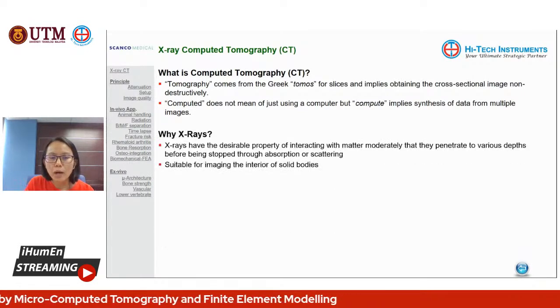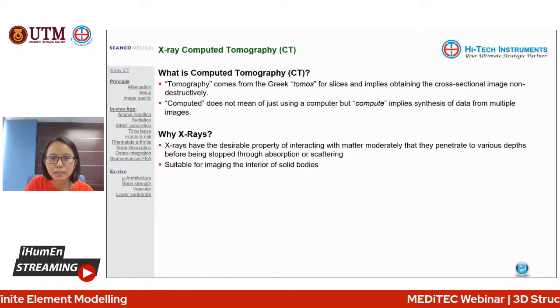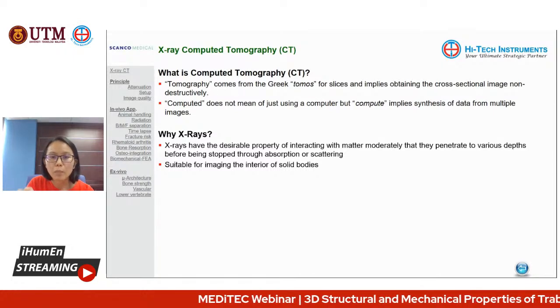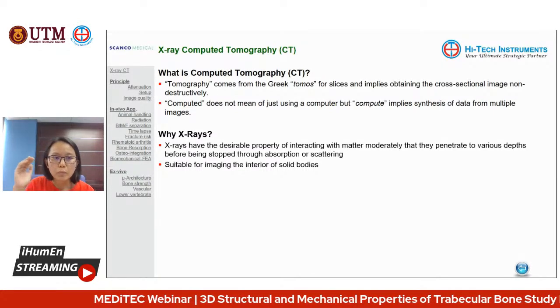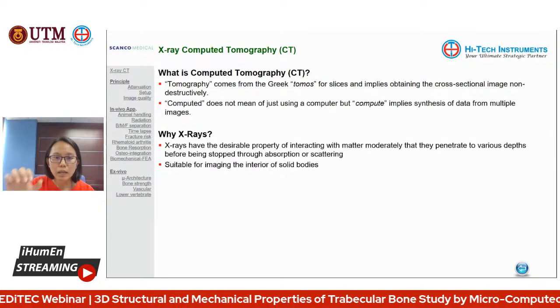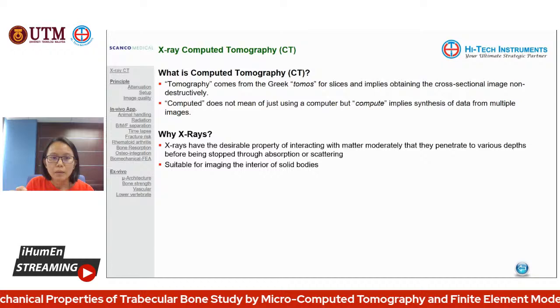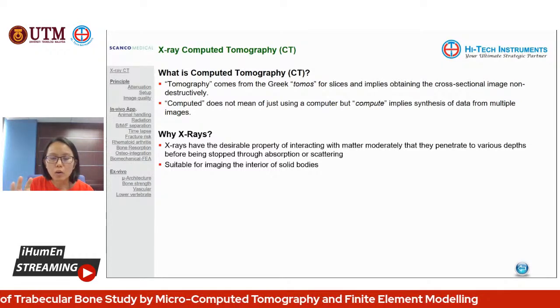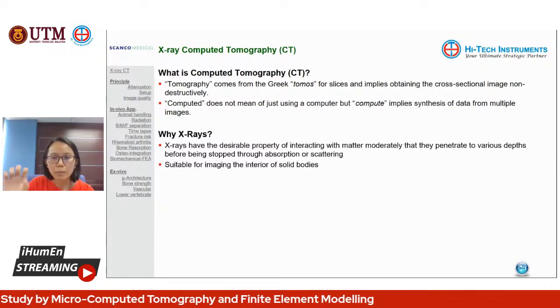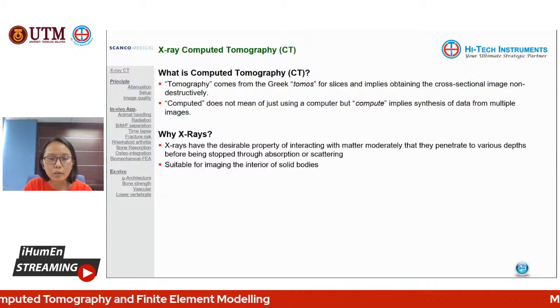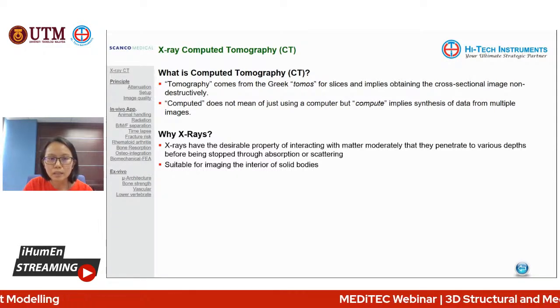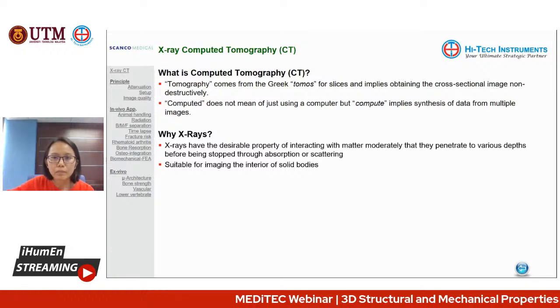And why do we choose X-ray? Because X-ray has a property that it can interact moderately with the material. It will penetrate to various depths before it is scattered or absorbed by the material, without eventually reaching the detector to capture any data.